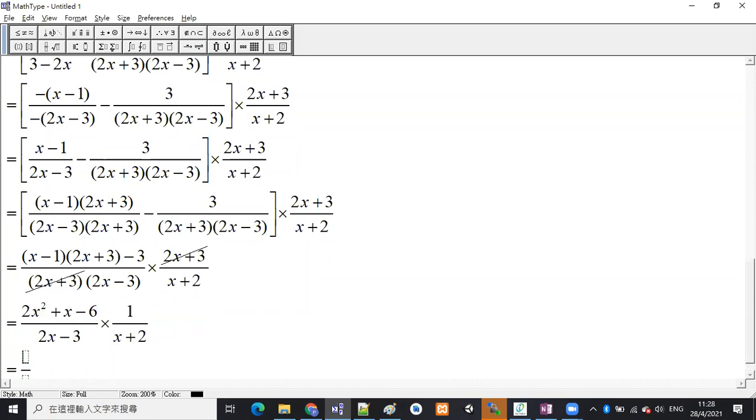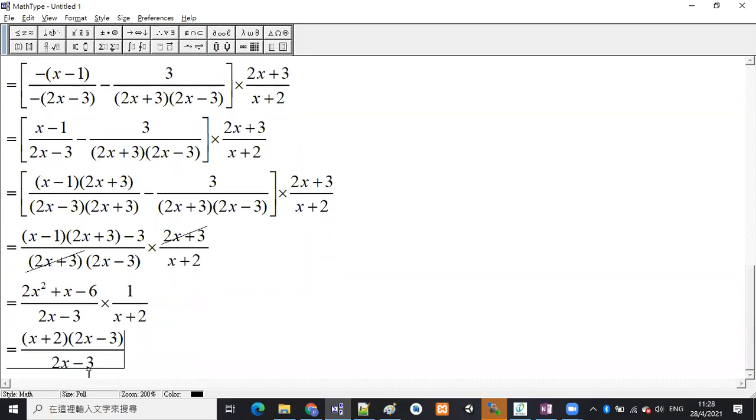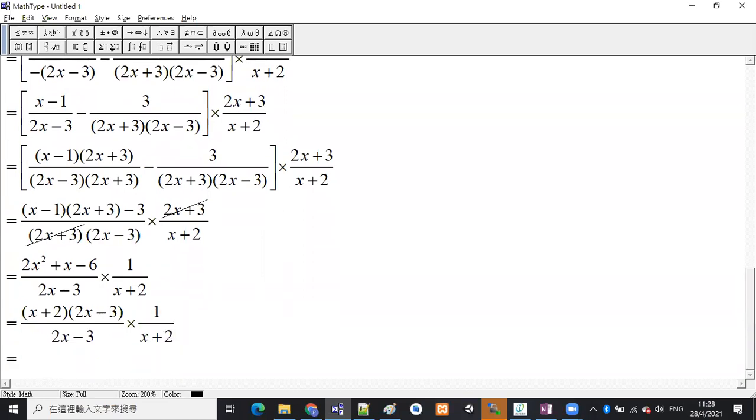It becomes, let me see, I think it's x plus 2. Like this. Am I correct? Seems yes, because the answer will be very, very nice. So every factor can find its counterpart, so all factors will be cancelled by each other. What is remaining in the answer is just 1.